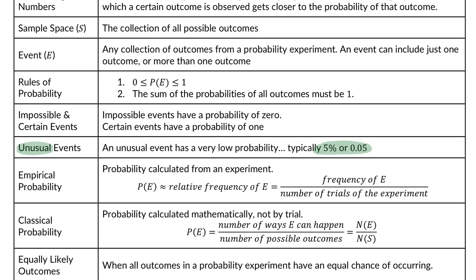It's less than 5%, it's unusual. And then we have our two types of probability that we talked about. You have your empirical probability from an experiment and your trials, and we have classical probabilities where we have to find a sample space and count the number of items that are winning in that sample space versus existing in the sample space. That's what those two formulas are telling you.